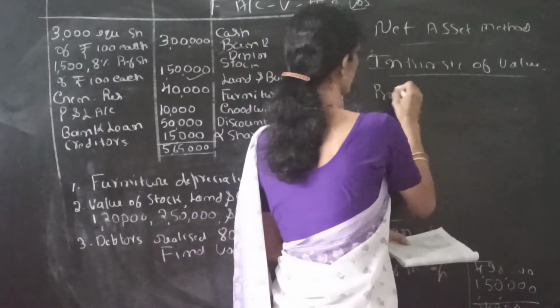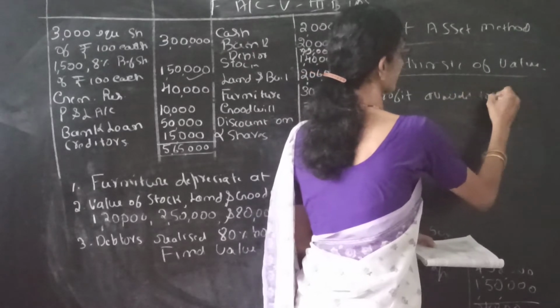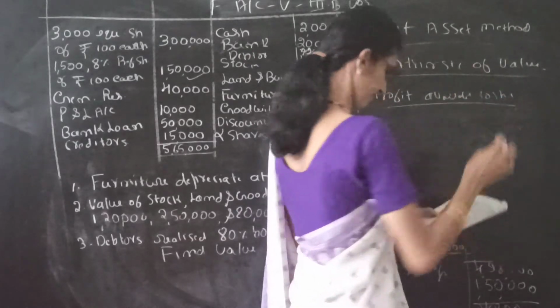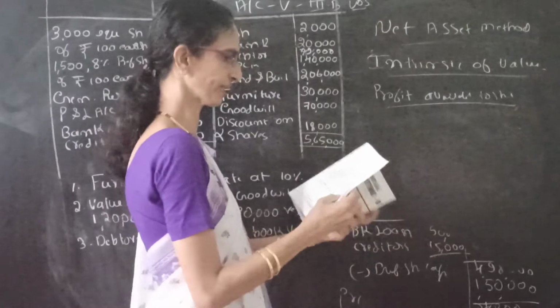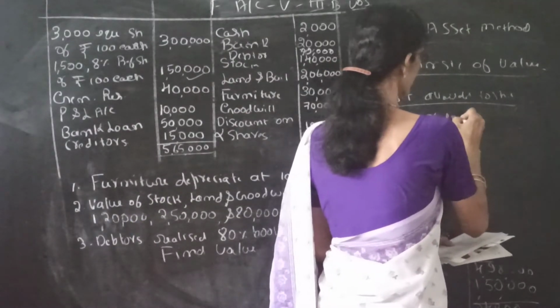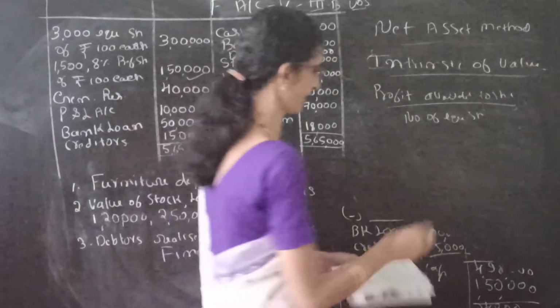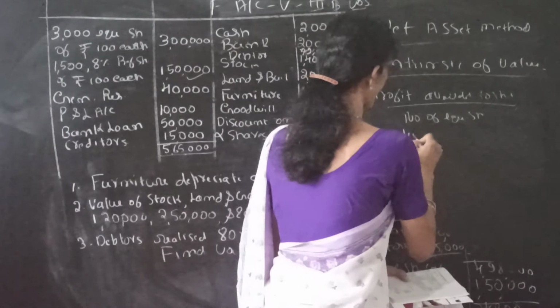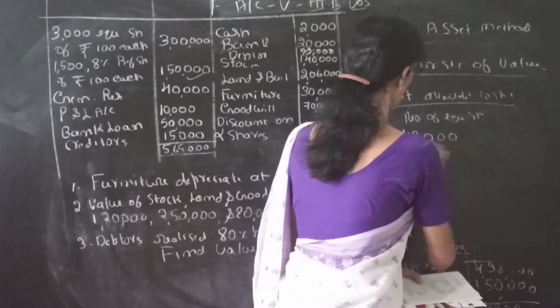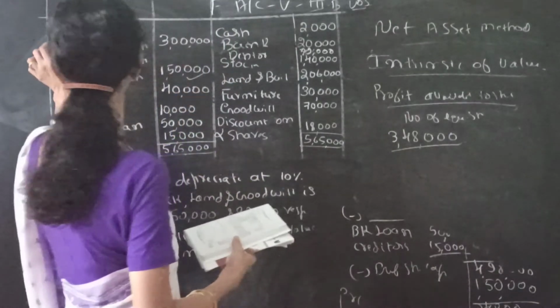Profit available to shareholders divided by number of equity shares.